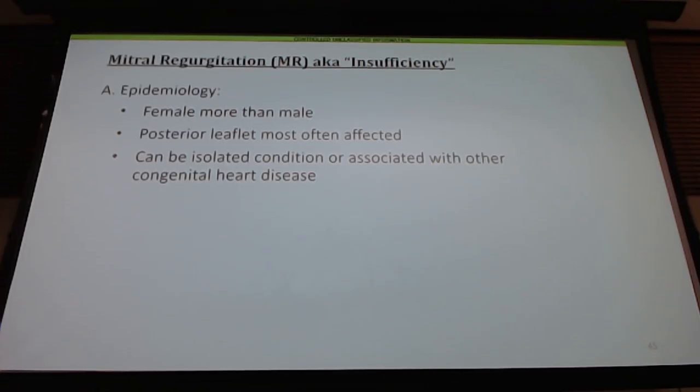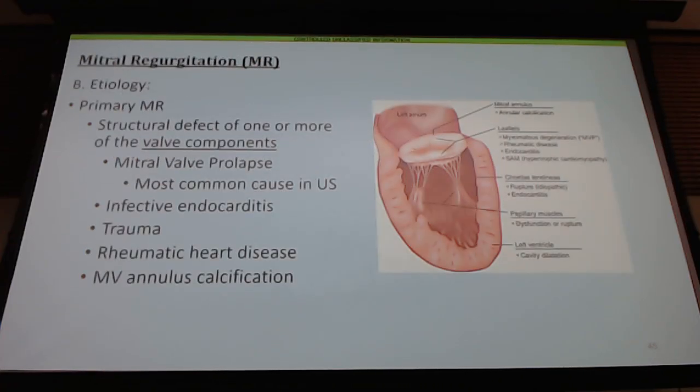Mitral regurg is more common in women than men, similar to mitral stenosis where you have a higher female predominance. But there are lots of things that can cause this.